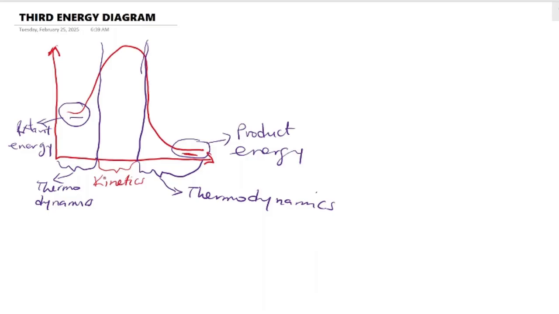We have mentioned before that the term spontaneous refers to thermodynamics. Like we saw in the first two diagrams, we are looking at spontaneity in different directions: in the reverse direction delta G is greater than 0, and in the forward reaction you have a spontaneous reaction with delta G less than 0.